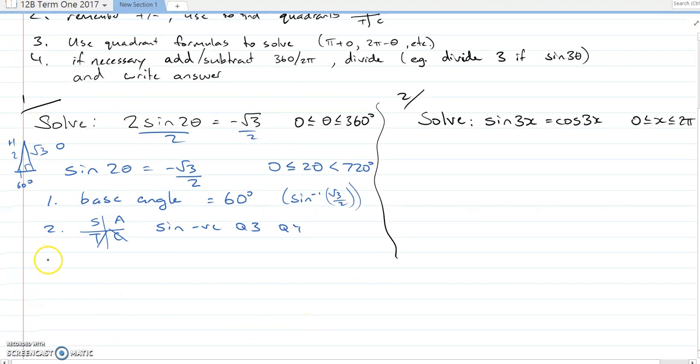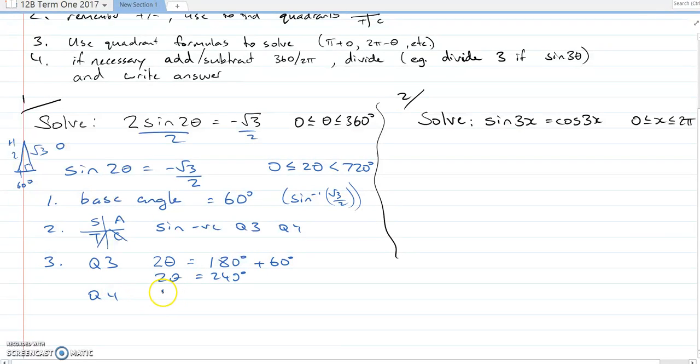Alright, so quadrant 3, we've got basically 2 theta equals pi plus, so not pi, we're dealing in degrees, 180 degrees plus our 60 degrees. Okay, so 2 theta equals 240.